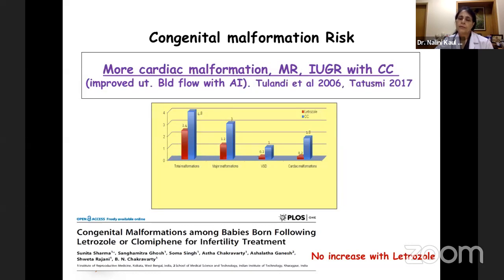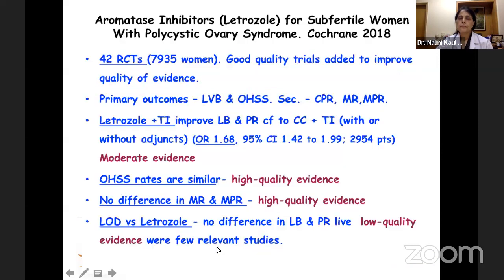And that led to a lot of studies, which in a sense was very good, because it was seen that you actually had more cardiac malformations, miscarriage and IUGR with clomiphene rather than with the aromatase inhibitor letrozole. And clomiphene is really given around like toffee. So letrozole in that sense is much safer for the fetus than clomiphene citrate. And this was again taken up in India as well, with the same result.